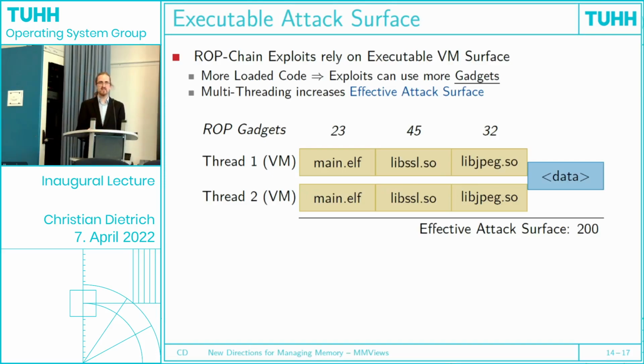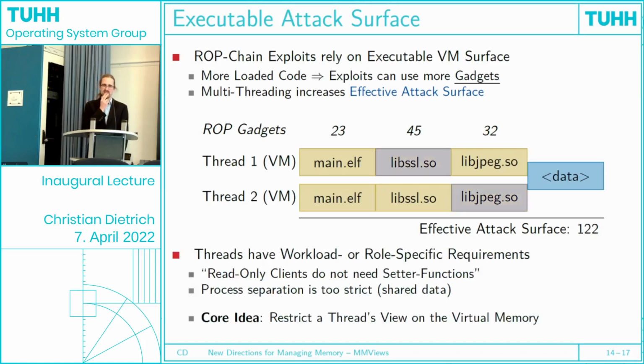However, in actually existing programs, threads have specific roles. They have either workload-specific or role-specific requirements of code. For example, your garbage collecting thread doesn't need your encryption library, so perhaps the garbage collection thread shouldn't be able to execute the SSL library.